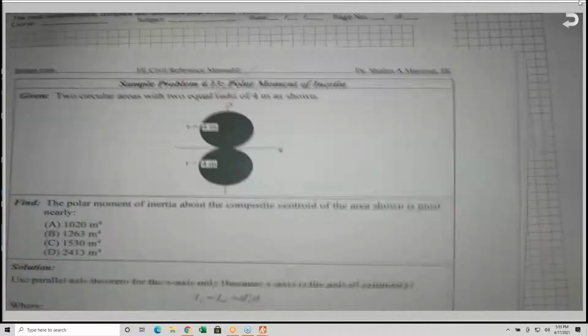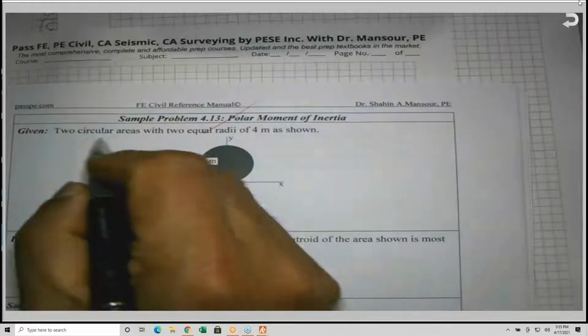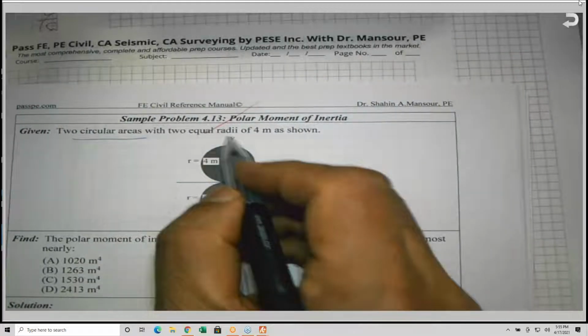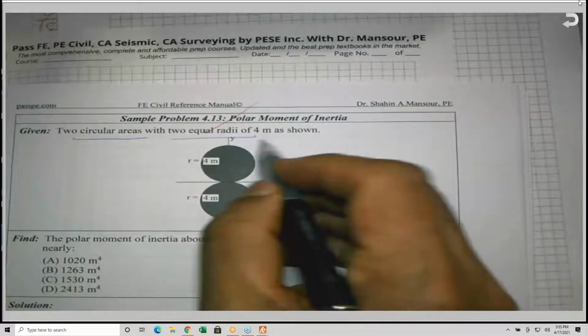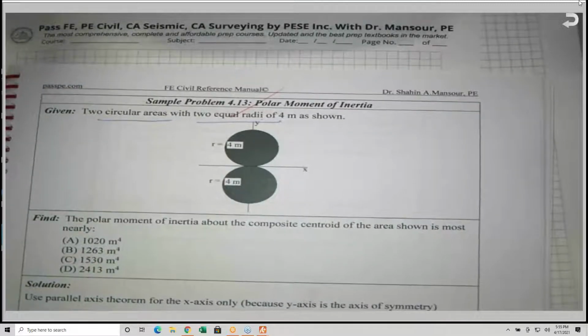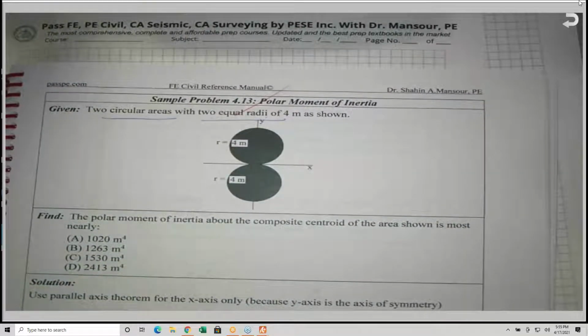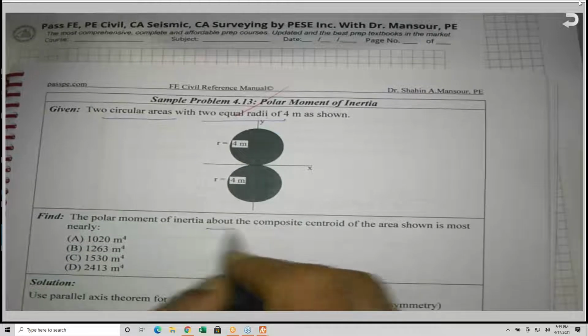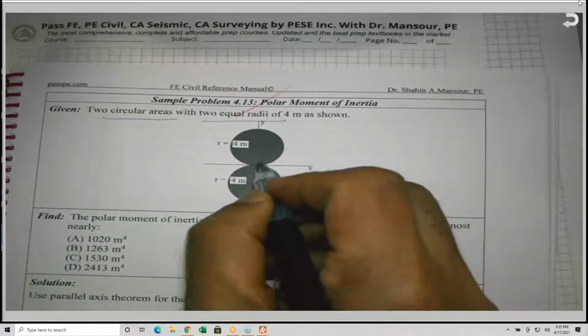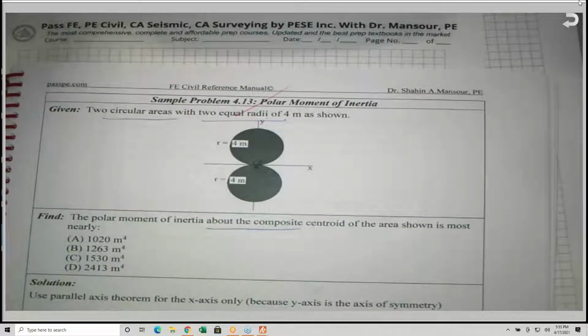I have problem number 13. Two circular areas are given, and each one has a radius of 4 meters. The polar moment of inertia about the composite centroid is most nearly.